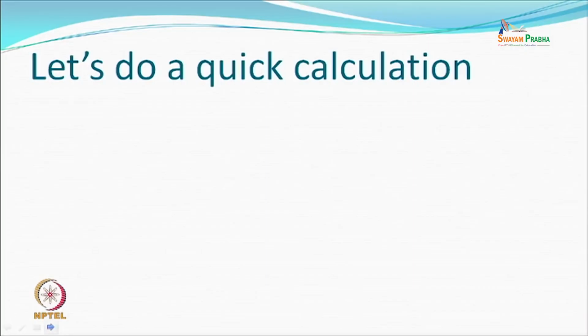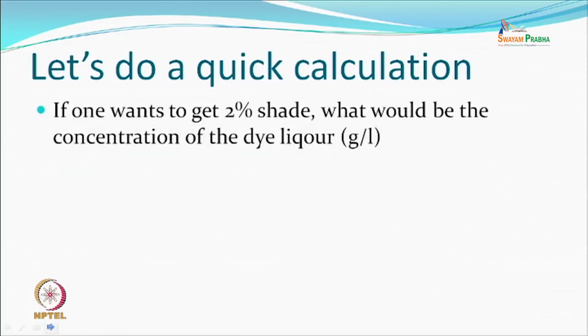So let me just say, because we are still on this topic, a small calculation. This is not to check your mathematics. Can you just tell me, if I want to dye a fabric at 2% shade, you understand what a 2% shade is? 2 grams per 100 grams of fiber, that is a 2% shade.